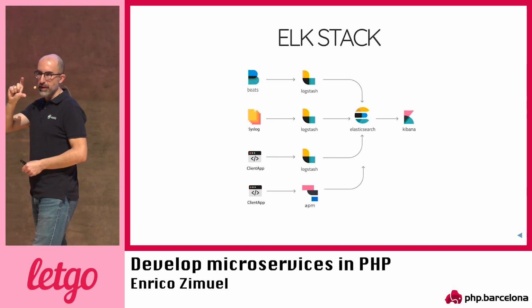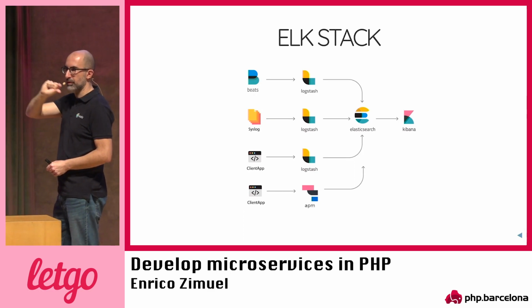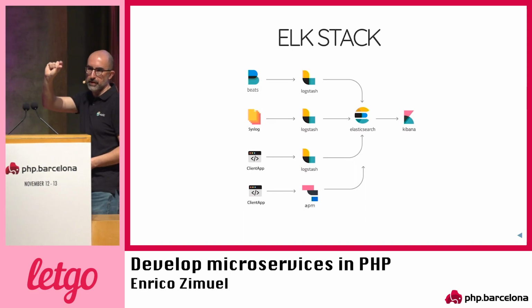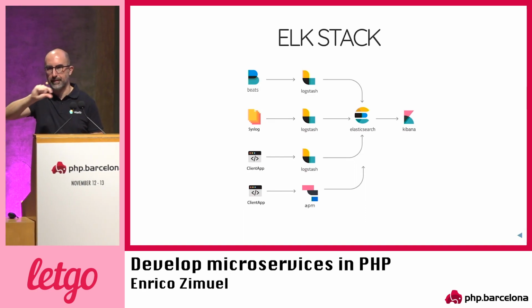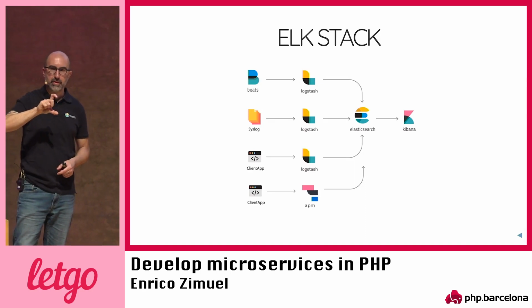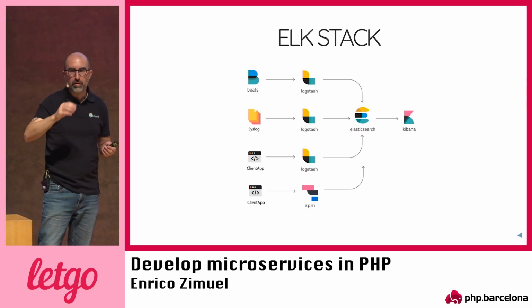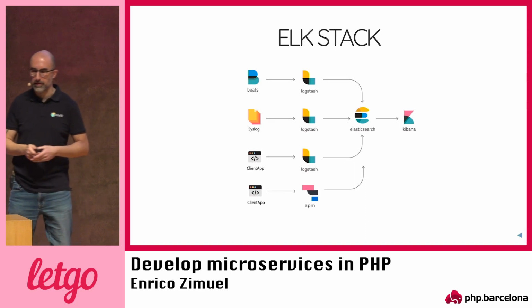You can actually, using APM, say, okay, look, this code, starting from this piece of code to that one, so you basically put some placeholders, start and end, into your code. And the APM agent will just get this piece of code, take the execution time and all the information you want to store, and send it to Elasticsearch.